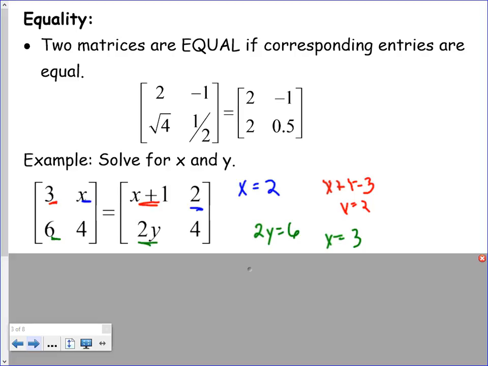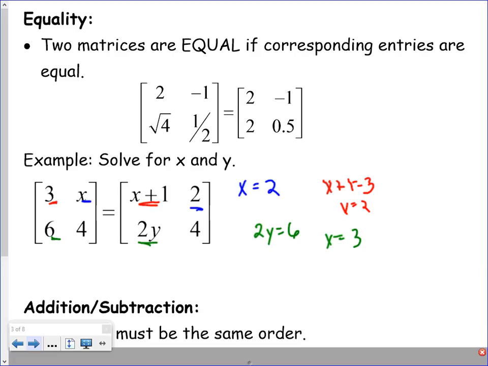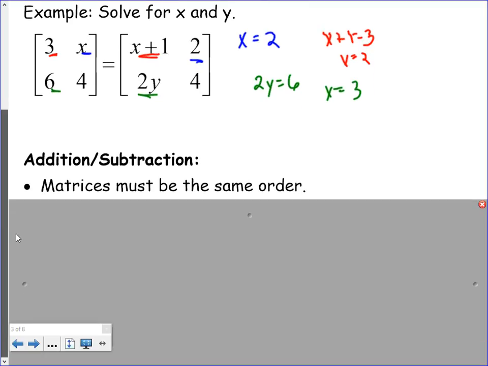Next thing we want to talk about is adding and subtracting matrices. For addition and subtraction, one thing that's really important is they have to be the same order. So rows and columns, again, have to be equal. That must be true for matrices to be equal to each other, and that has to be true for addition and subtraction.